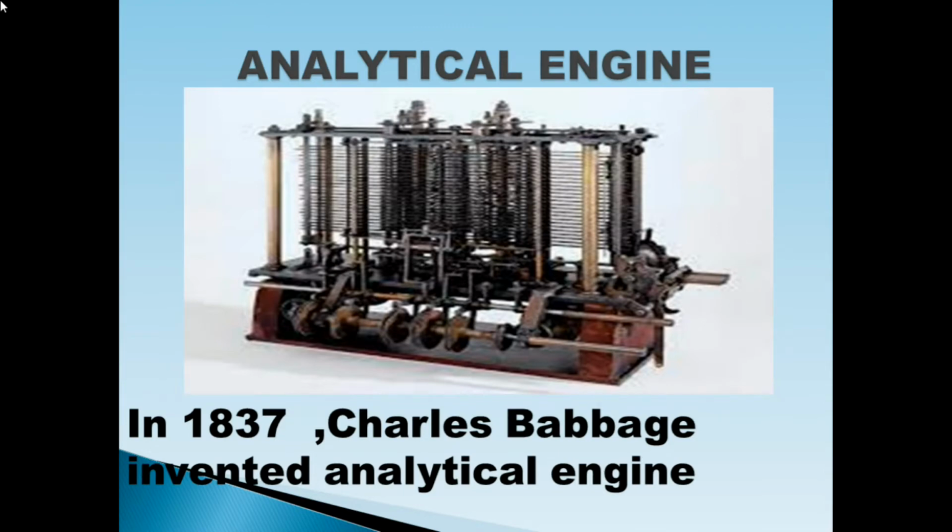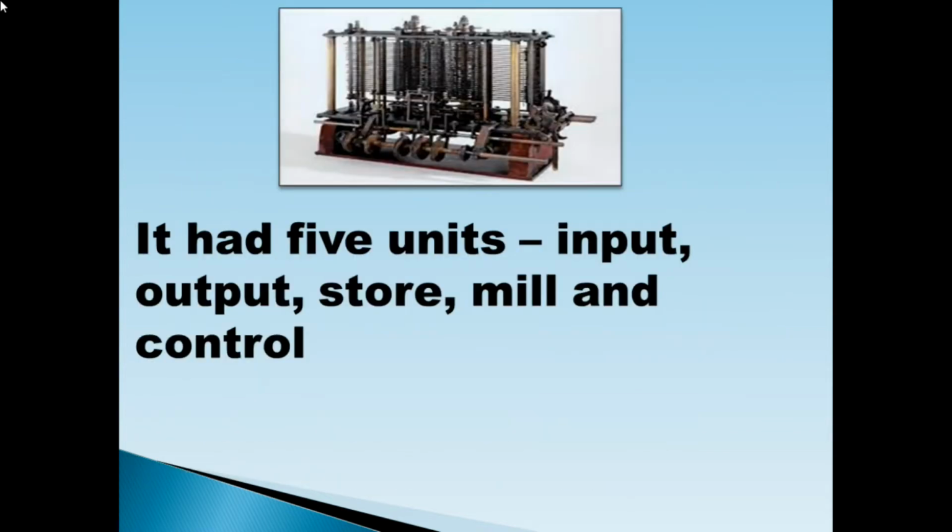The analytical engine was also invented by Charles Babbage, in 1837, and it used punch cards to give inputs. This analytical engine had 5 units: input, output, store, mill and control.